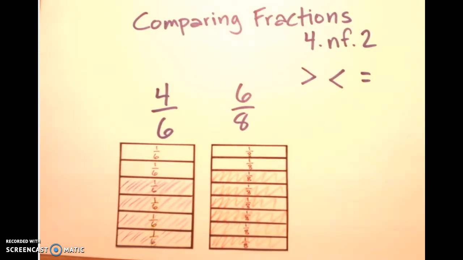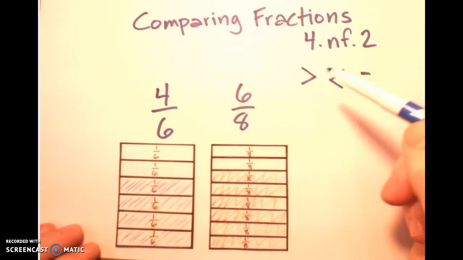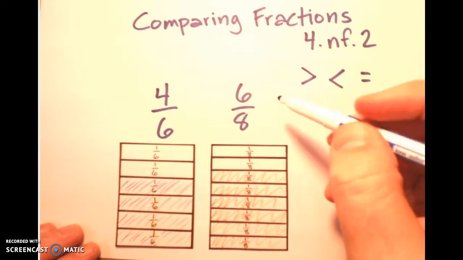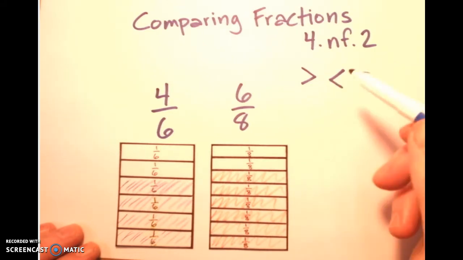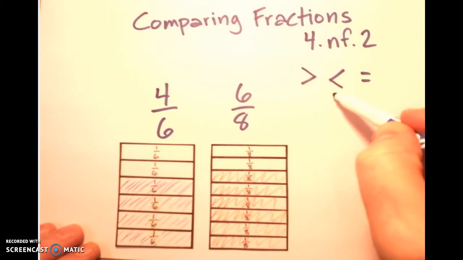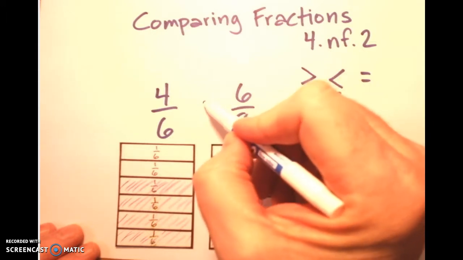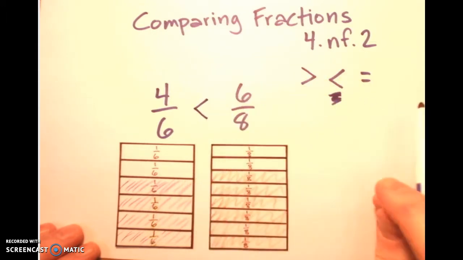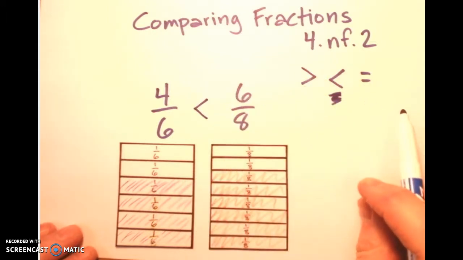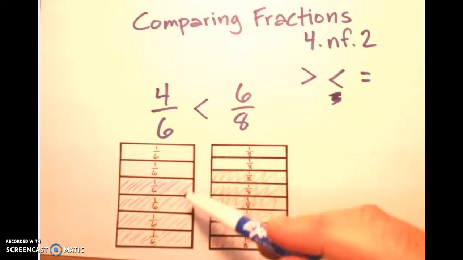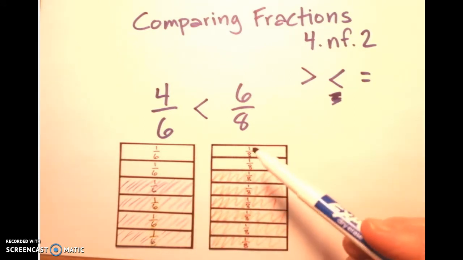So already I know that 4/6, if I'm using one of my symbols for the operation of greater than, less than, or equal to, I'm going to use the less than symbol in this case, because 4/6 is less than 6/8.